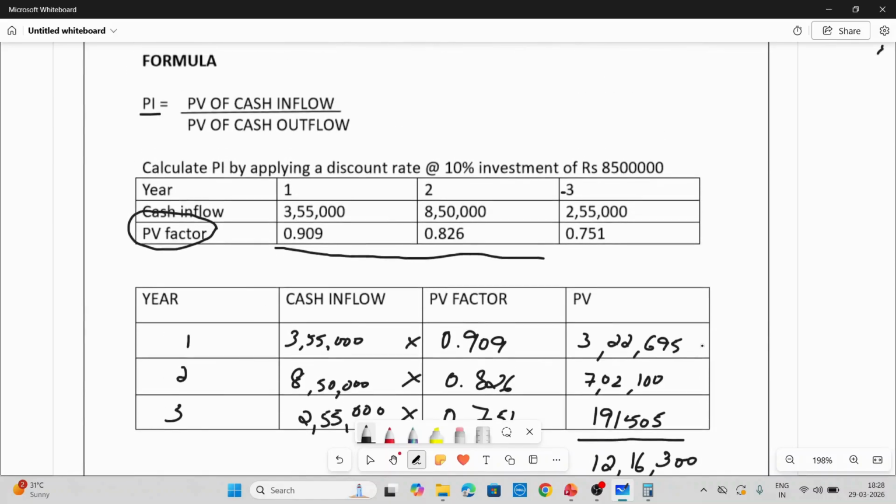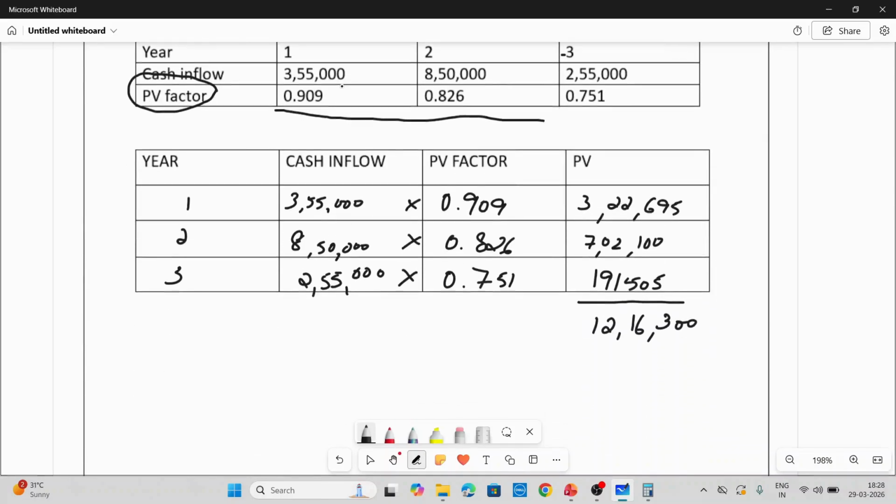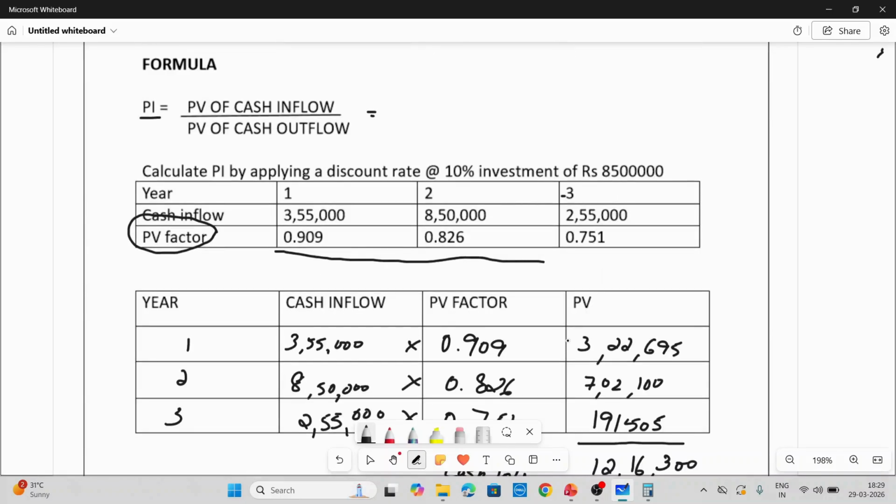Now what's the formula? It's cash inflow divided by cash outflow, right? What's the cash inflow? This is the cash inflow. So PI is equal to 12 lakh 16,300 divided by 85 lakh. This amount is the initial investment.